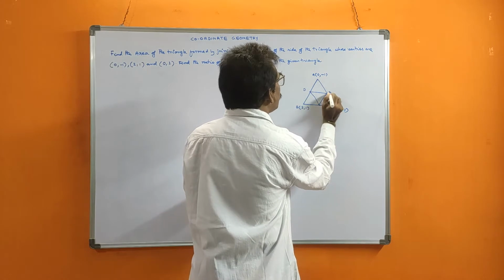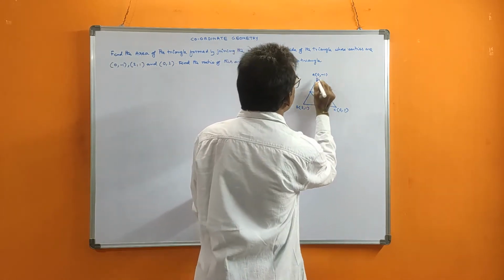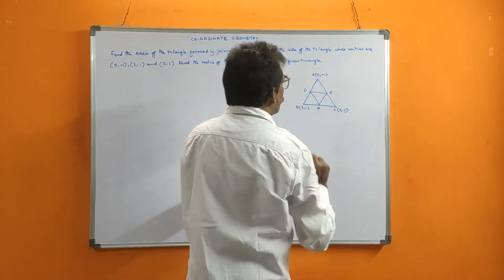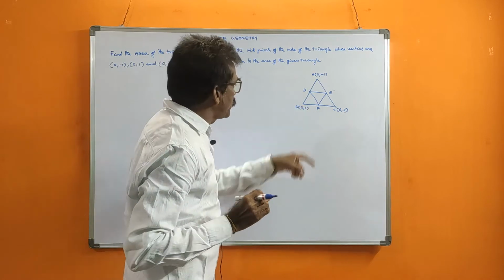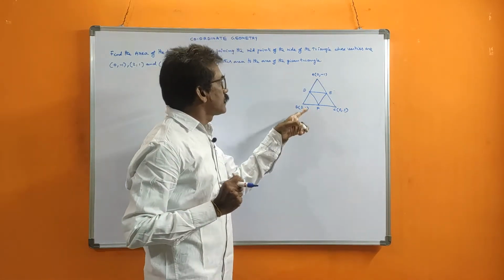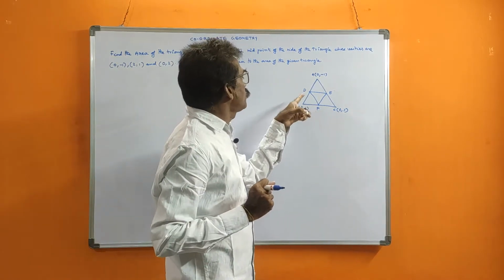Suppose that is DEF. It is asking for the area of DEF and the ratio of this area to the total area, that means the ratio of DEF to ABC.